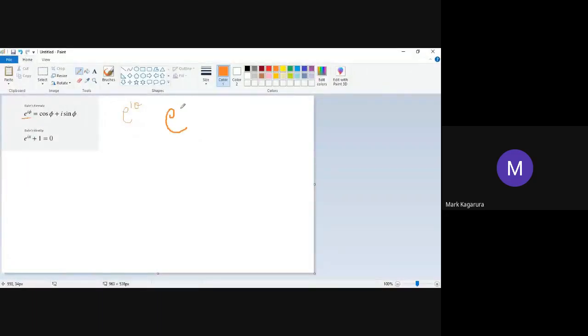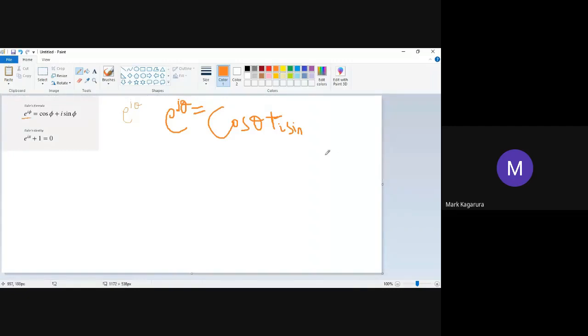So e^(jθ) is equal to, okay, first cos θ plus j sine θ, we need more space.